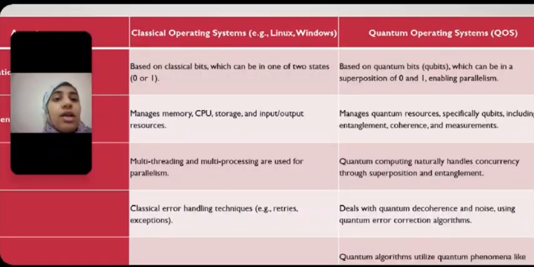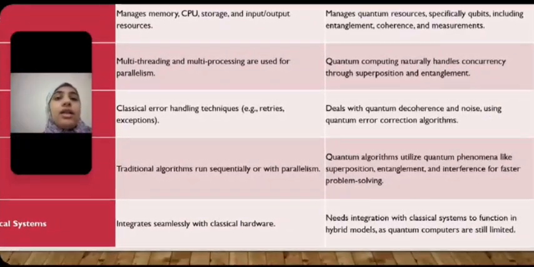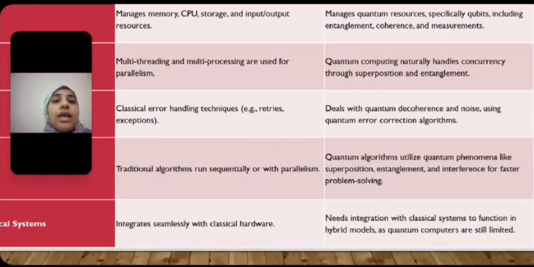For classical, multi-threading and multiprocessing are used for parallelism, but quantum computing naturally handles concurrency through superposition and entanglement. Also, the classical OS uses classical error handling techniques, for example retries and exceptions, but the quantum OS deals with quantum decoherence and noise using quantum error correction algorithms.